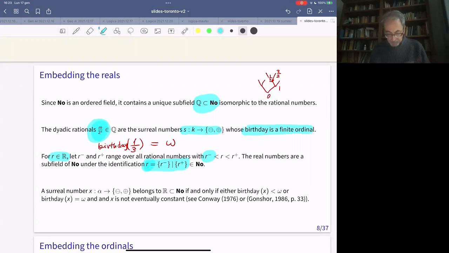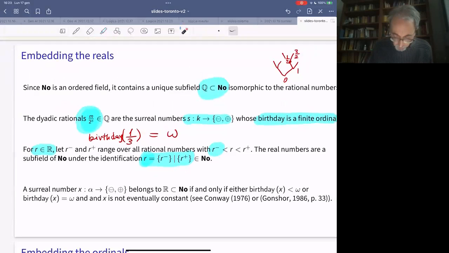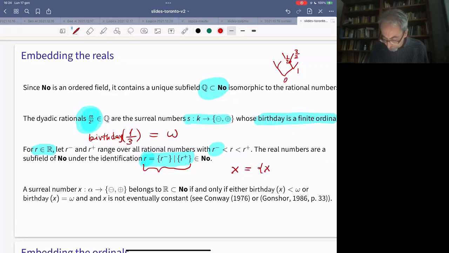The dyadic rationals are already identified with surreal numbers. And then you can immediately identify the reals using this notation. This notation is slightly different than the one we used before, because when we used the previous notation, it meant that this object is not only smaller than x, but also simpler than x.